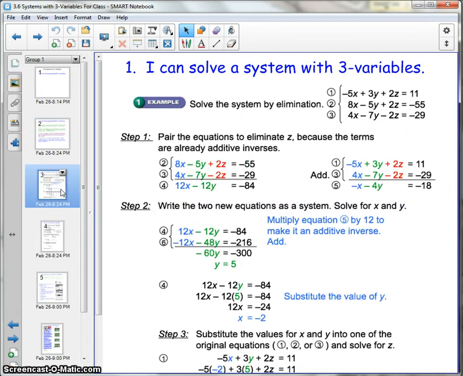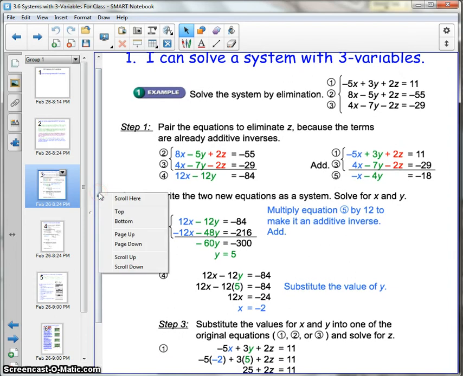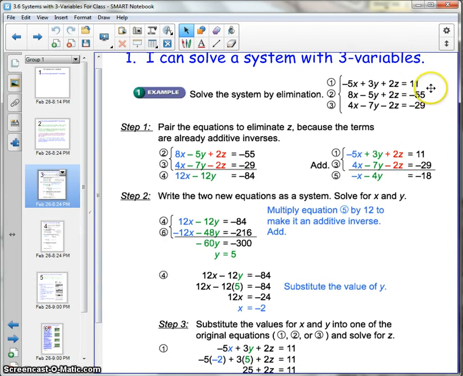Now I'm going to show you an example of using elimination to solve. If you start with these three equations, you see that we have x, y, and z. First you want to pair up the equations to eliminate z. We have to pick a variable to eliminate. We decide to eliminate z because they all have the same coefficient of 2.